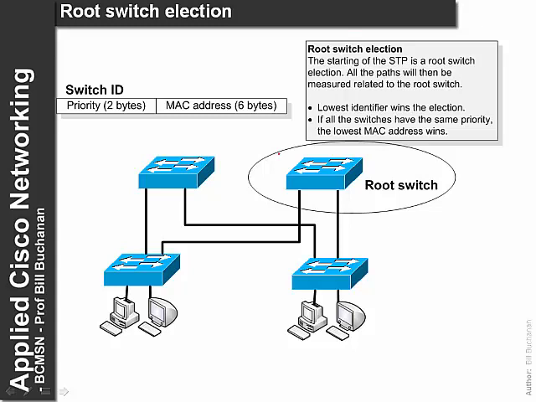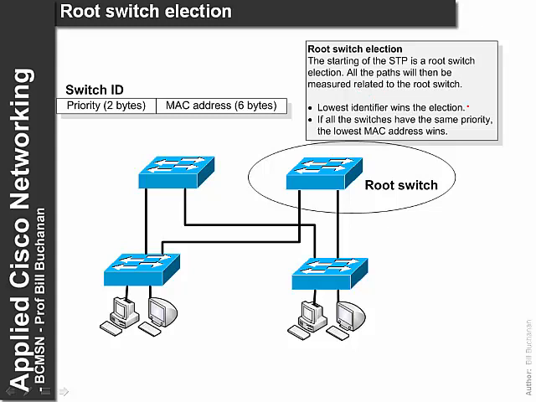Basically what we have is that we define for spanning tree an election process, and it's up to the election process to define the root switch, and it is on this root switch that the calculation is made on the optimal route.